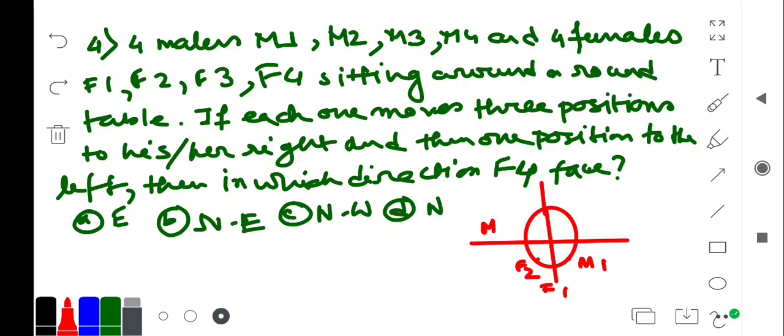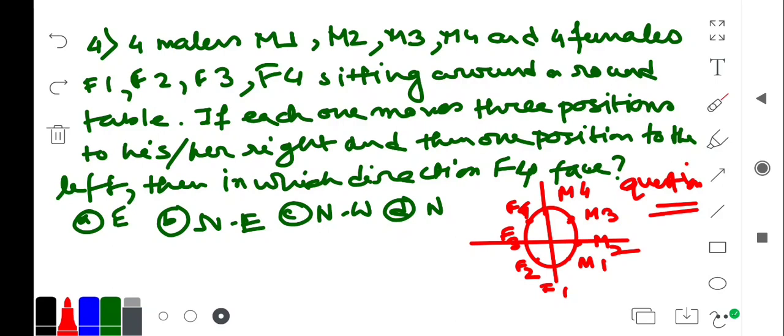Okay, the figure is given. That is F2. This figure is given in the question. This is F4, this is M4, this is M3, this is M2.